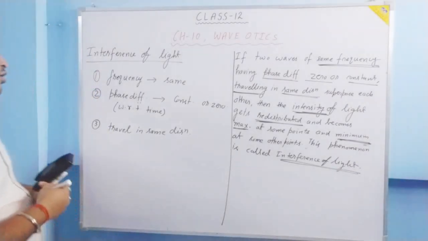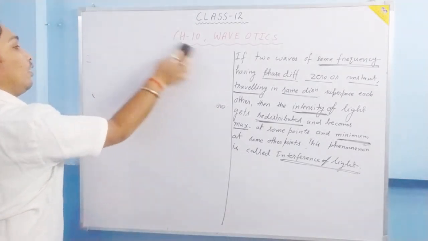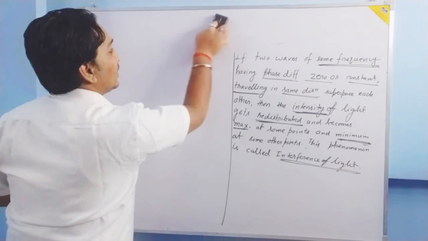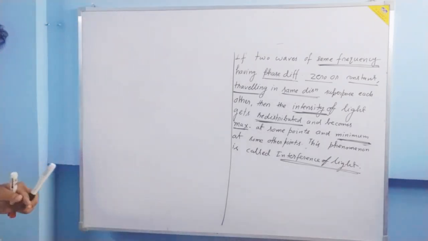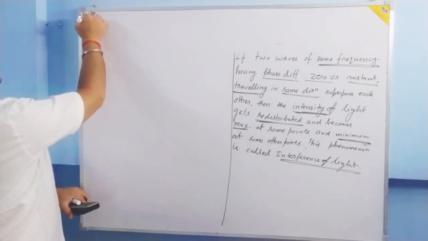And for demonstration of interference, we have an experiment in our syllabus, and this experiment is Young's double slit experiment.